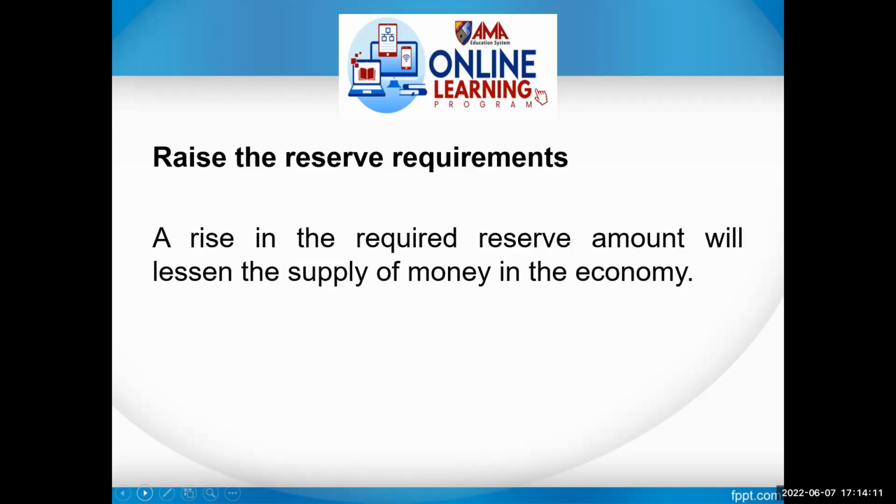The supply of money in the economy will lessen because instead of circulating within the country, it forms part of the reserve amount. So when the central bank raises its reserve requirements, the tendency is that the supply of money within the economy will lessen because it forms part of that particular reserve amount.